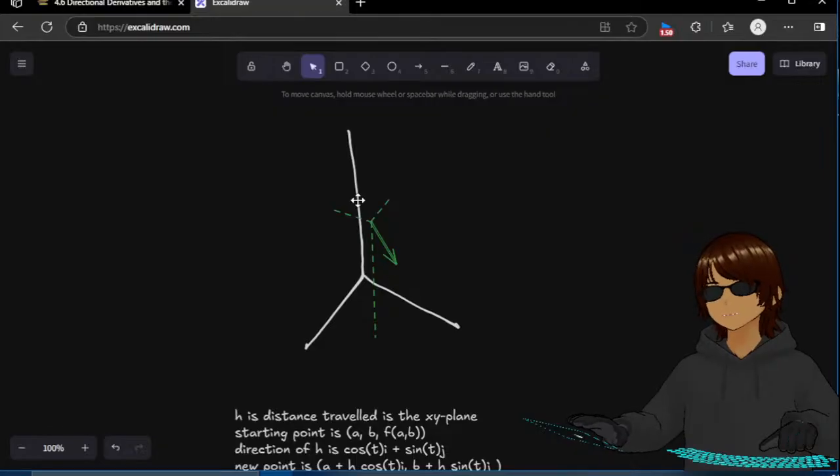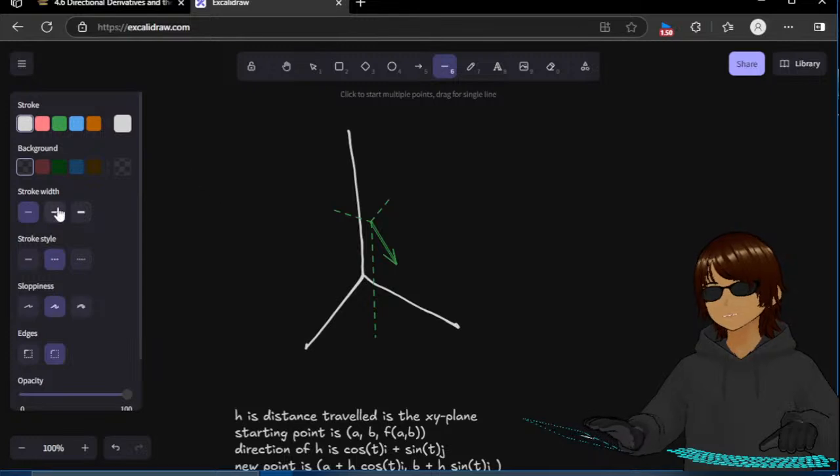So I was saying in my previous stream, this green arrow is the path we travel. We start from this point, and these dashed lines are touching the planes. It gives you an idea where the point is. I should draw a dashed line over here as well.